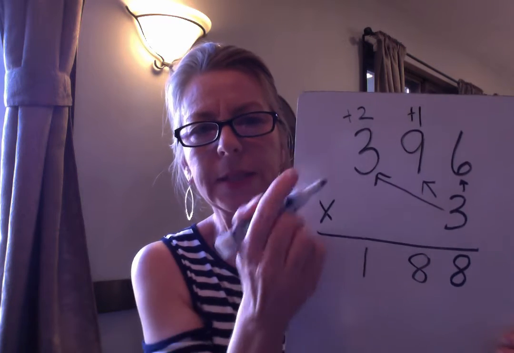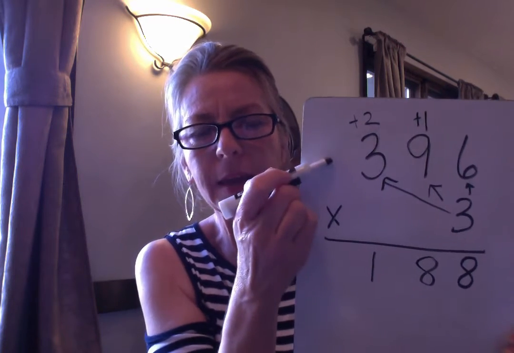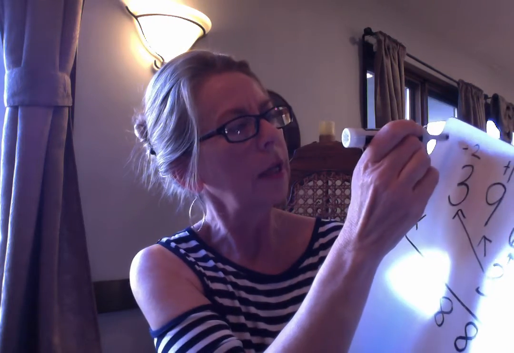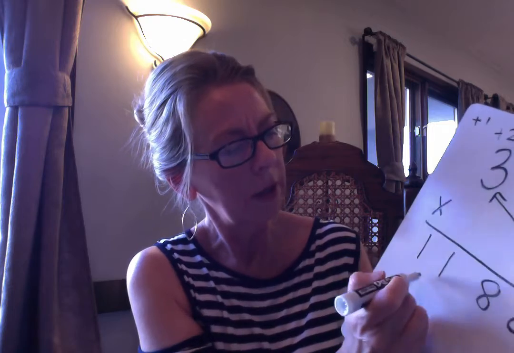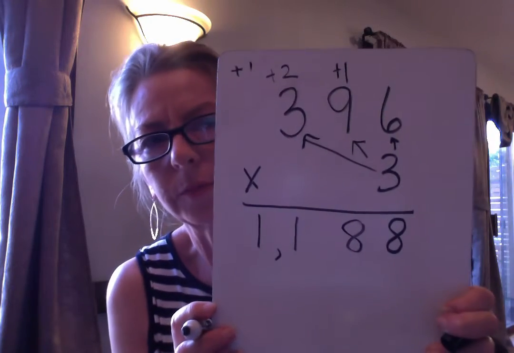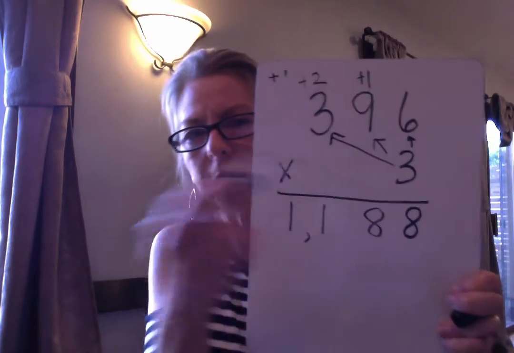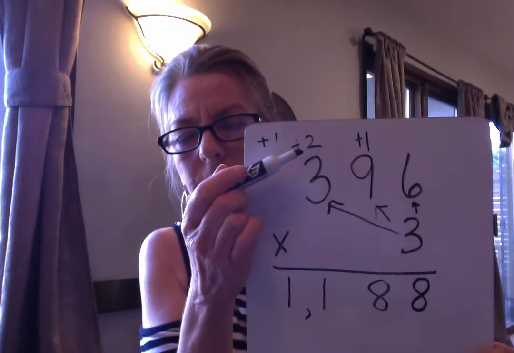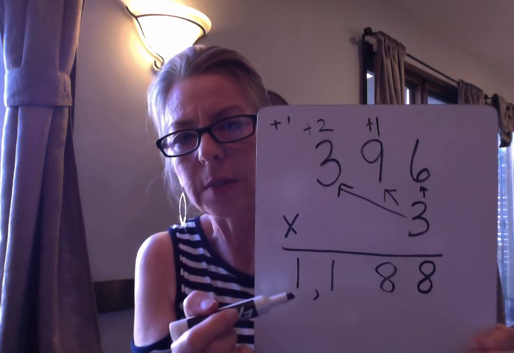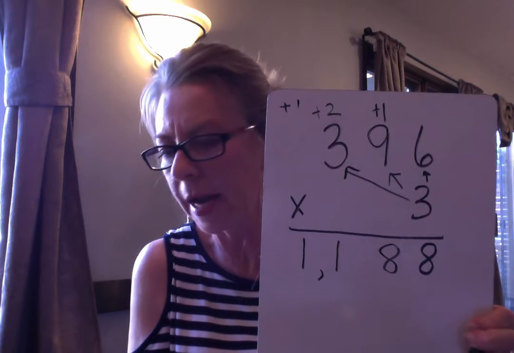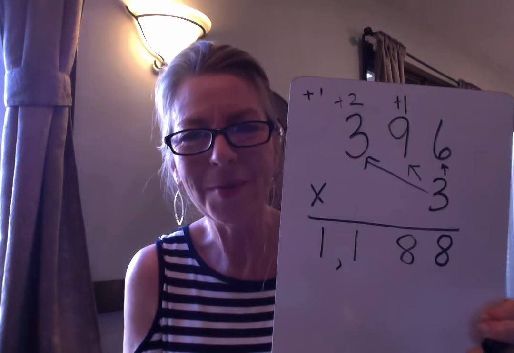We put our hundreds place down, but since we don't have any thousands right here, you could add the plus 1 and then just bring it down, or you can just write the answer down. Okay, so pattern's still the same. All right, we're just renaming our hundreds as 1,000, and we just bring that number down. So that's your next step that we are going to be practicing with.